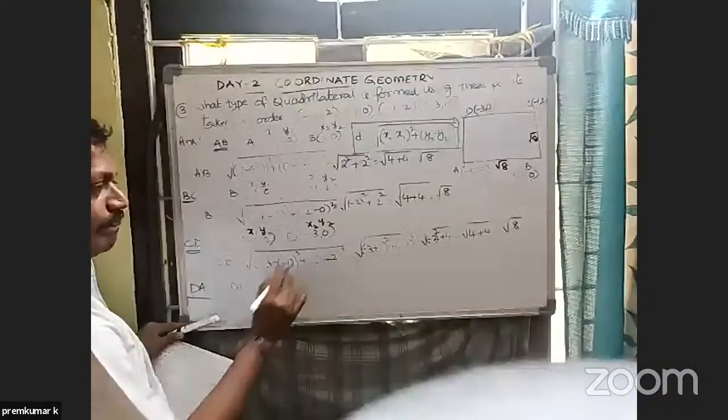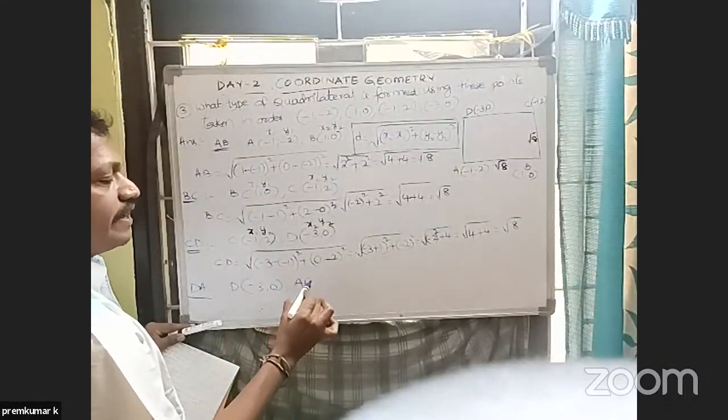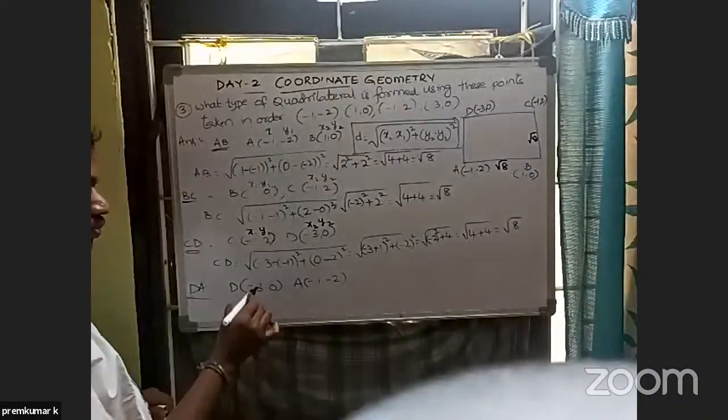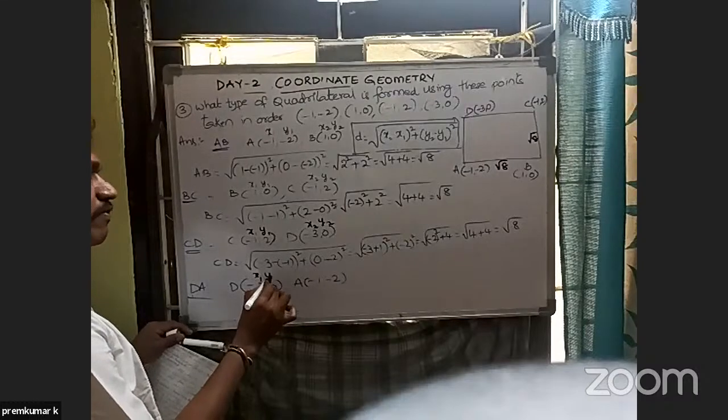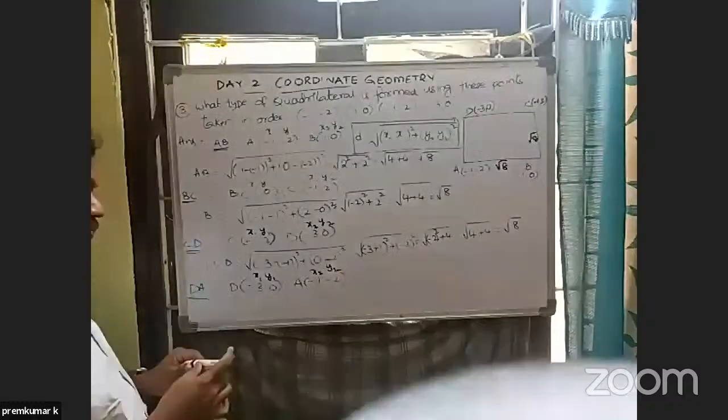Now D is (-3, 0) and A is (-1, -2). Here it is x1, y1, x2, y2.